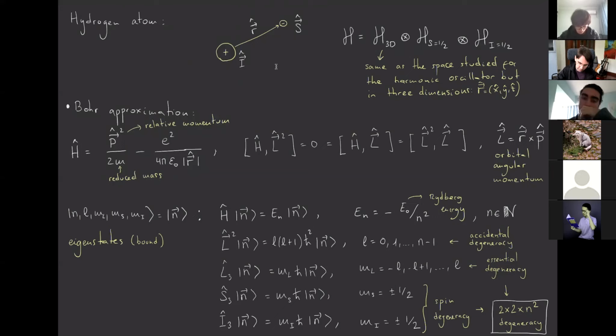So the components of the orbital angular momentum all commute with the Hamiltonian. The square of the orbital angular momentum also commutes, and the components commute with the square, okay? And of course, the spin operators commute with the Hamiltonian because the Hamiltonian doesn't depend on spin, and commute with the orbital angular momentum, which is an operator that acts on a different Hilbert space, okay?